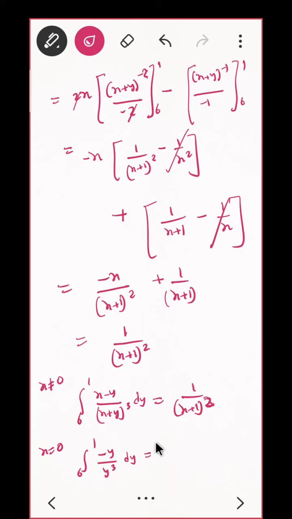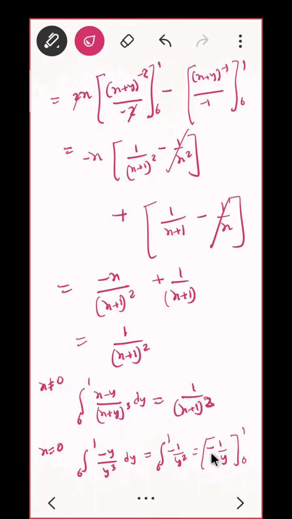From 0 to 1, that is minus 1 upon y square, no? What will be that? Minus 1 upon y, between 0 to 1, which you can see at 0 does not exist.